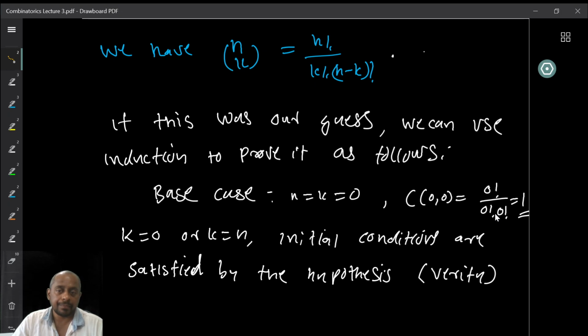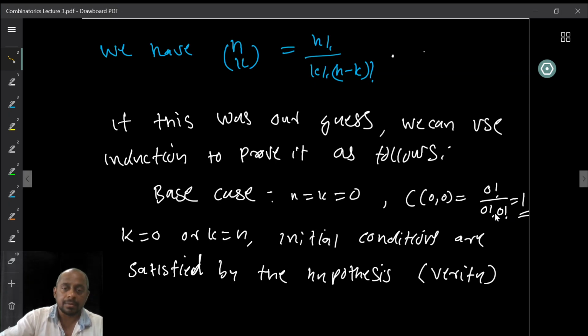k is equal to n, and the initial conditions are satisfied by the induction hypothesis that n choose k is equal to n factorial by k factorial into n minus k factorial, if n and k are such that one of them is 0, or basically the boundary conditions.